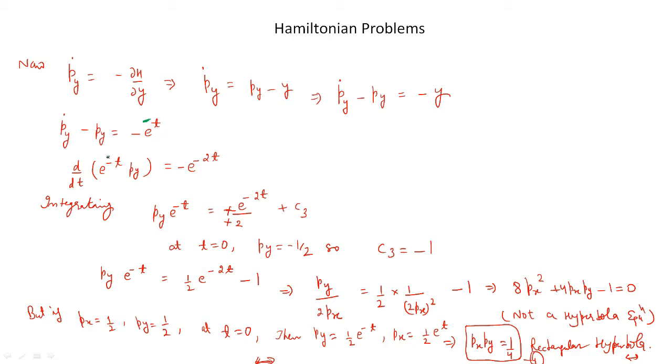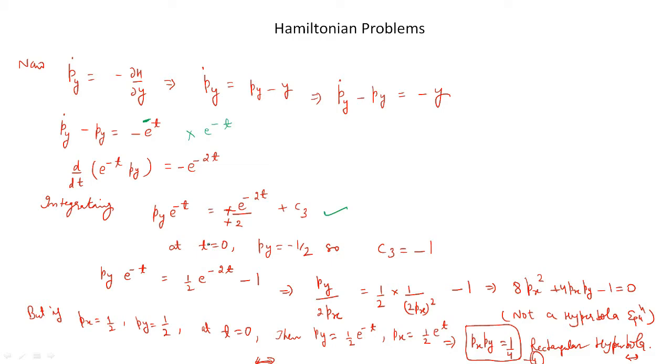Now if we multiply this equation by e to the power minus t on both sides, then we will have d over dt of e to the power minus t into py is equal to minus e to the power minus 2t. Now integrating this equation, we will have this type of equation.